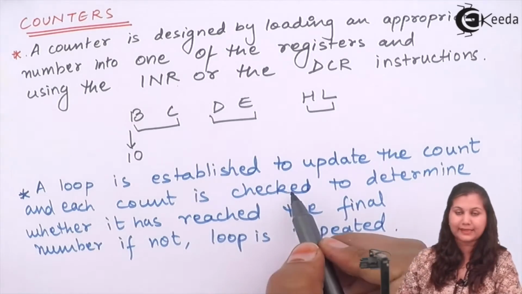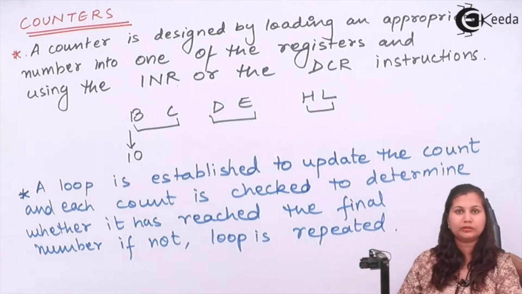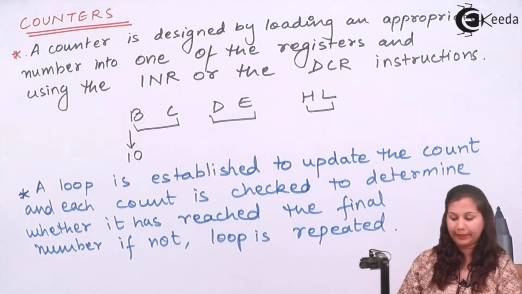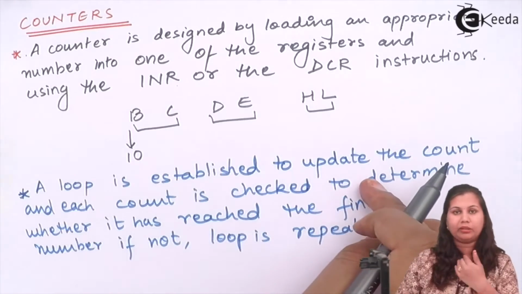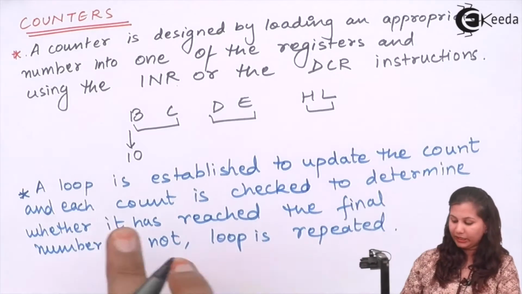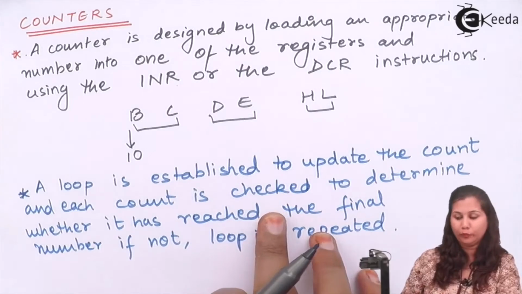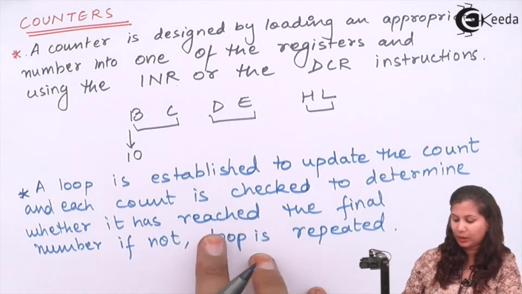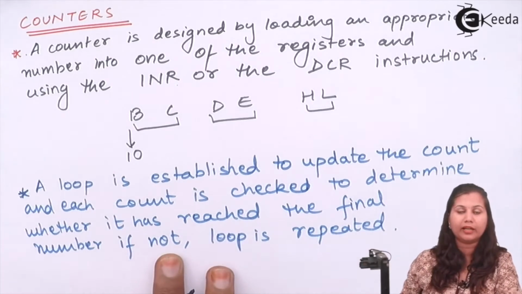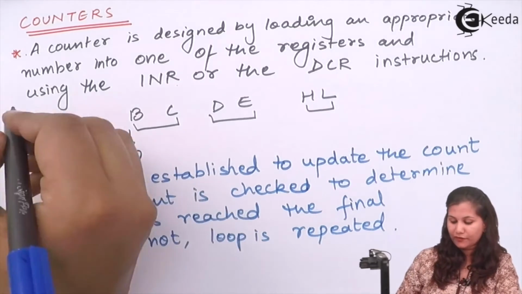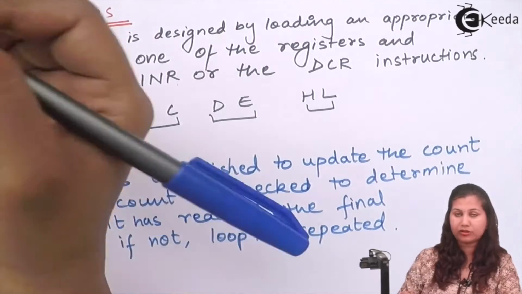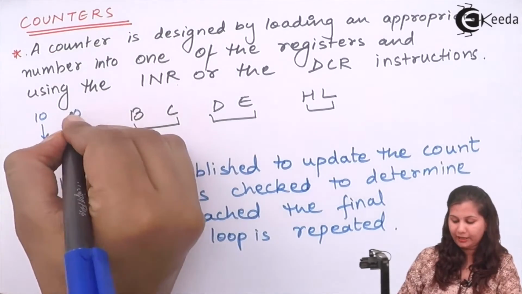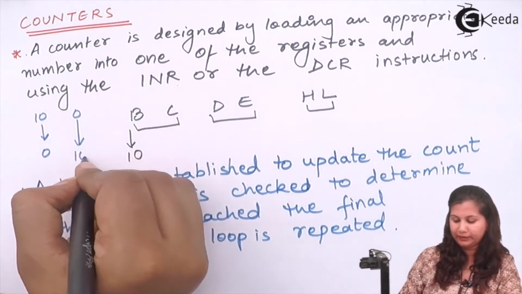So a loop is established to update the count. The count will be updated every time we are initializing the counter. Then every time in the loop, we are updating the count. And then at the last of the loop, we are checking whether the count has reached the final number. Instead of starting from 10 and decrementing it till 0, we can also increment it, starting from 0 and coming till 10.